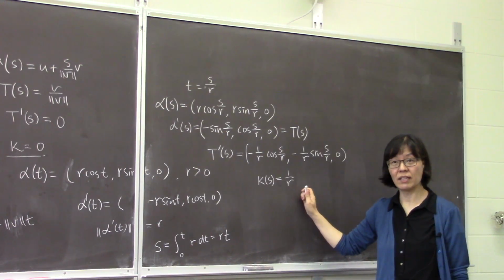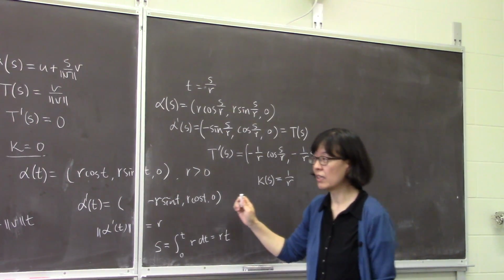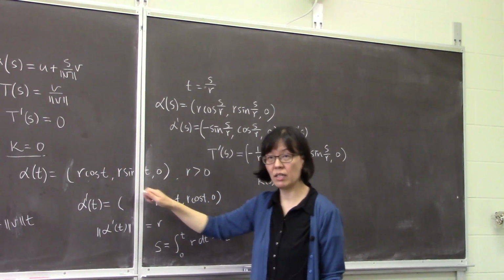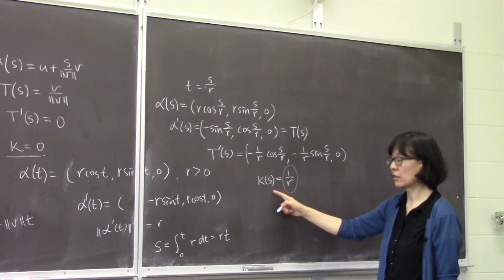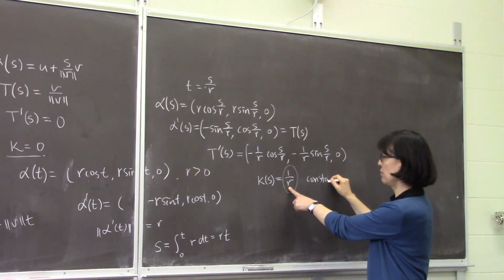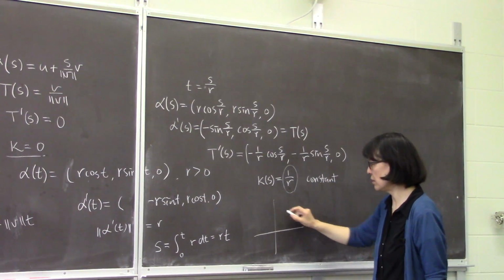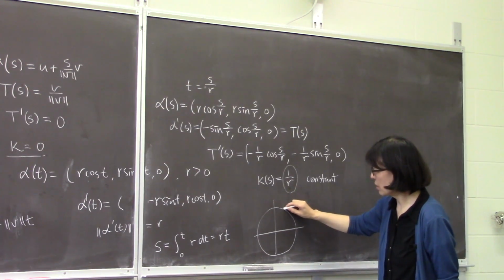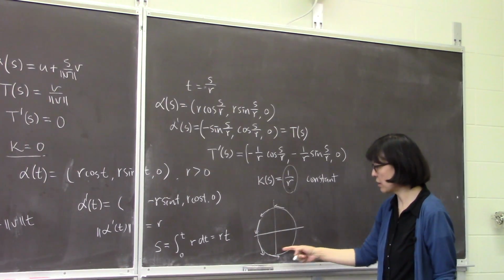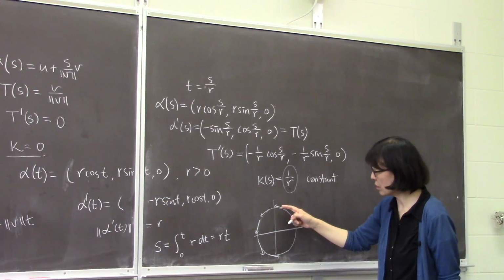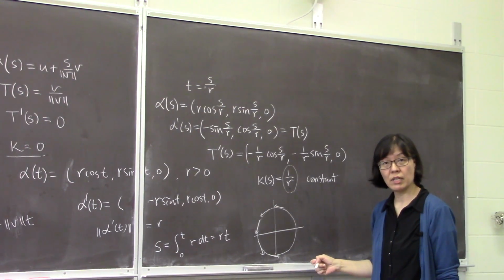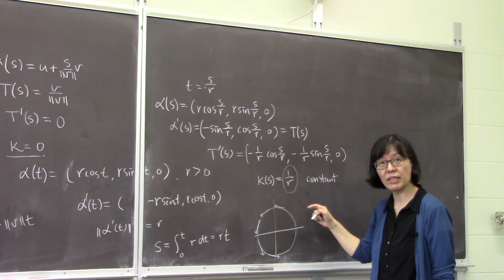Right? What does that mean? We have a circle of radius r, and then the curvature is constant, right? So the circle bends, it curves in a constant manner. If you see the rate of change of the tangent, it bends in a constant manner, right?